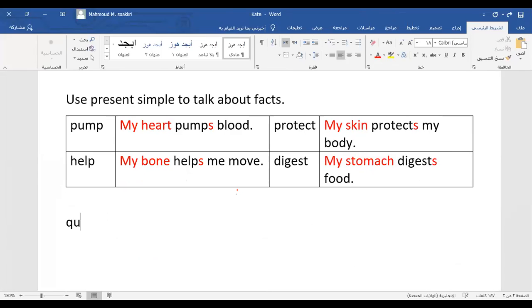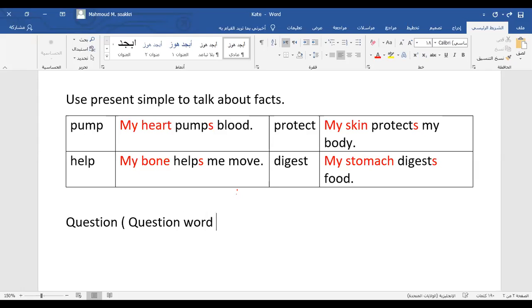Now we make a revision also in questions. What is the rule to make a question? Start with a question word. To make a question in present simple, we start with the question word.